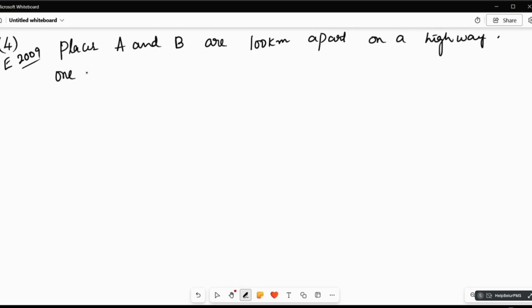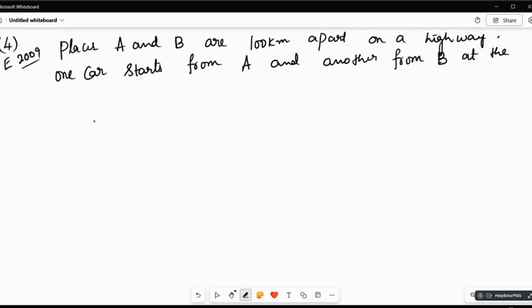One car starts from A and another from B at the same time.